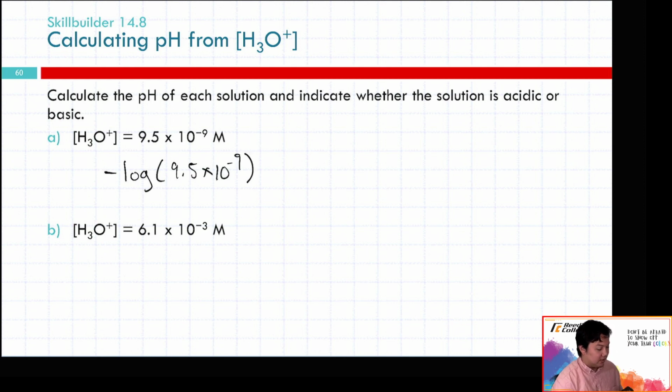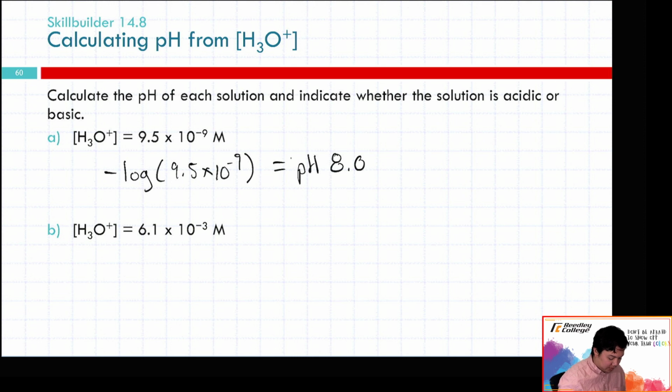If you have the TI-36X Pro, you have to press the log button twice to get the log base 10. So please don't make that mistake. On an exam, that would be unfortunate. So 9.5 e to the negative 9, and I'm doing the negative log. So our pH is 8.0.